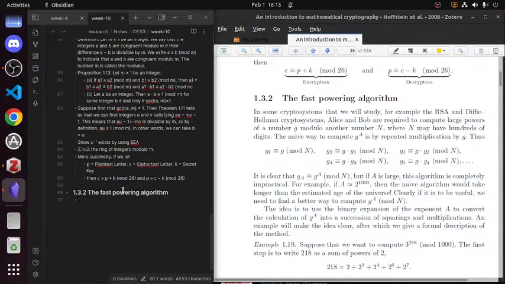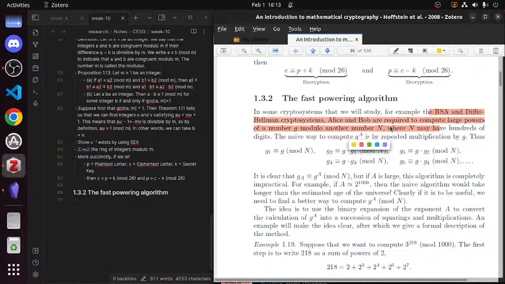In some cryptosystems that we will study, for example the RSA and Diffie-Hellman cryptosystems, Alice and Bob are required to compute large powers of a number G modulo another number N, where N may have hundreds of digits.